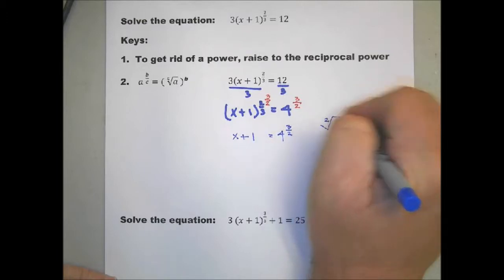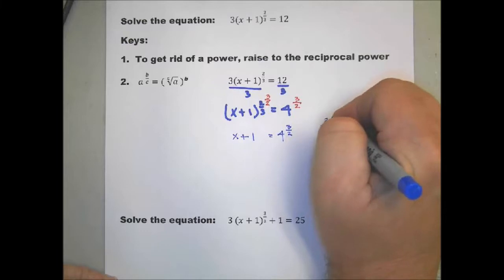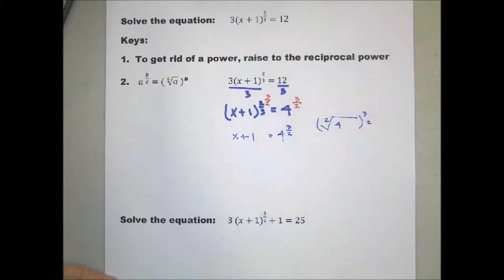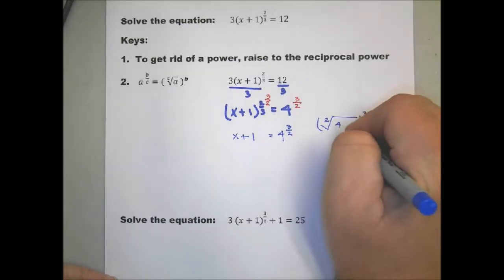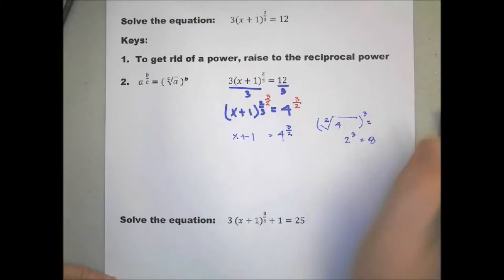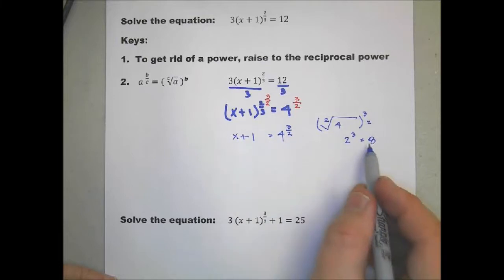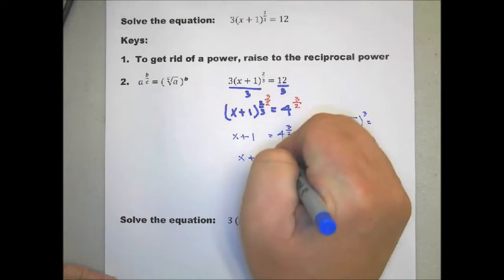So what I'm really doing is I'm taking the square root of 4 and I'm cubing it. And the square root of 4 is 2, and 2 cubed is 8. So if I clean up this right-hand side, 4 to the 3/2 power actually equals 8. So x plus 1 equals 8.